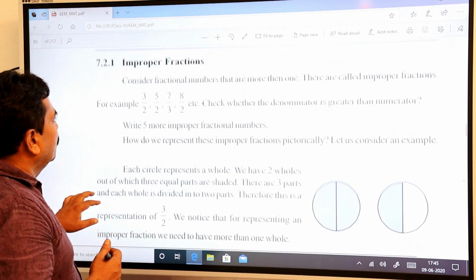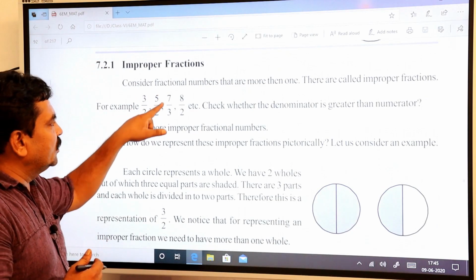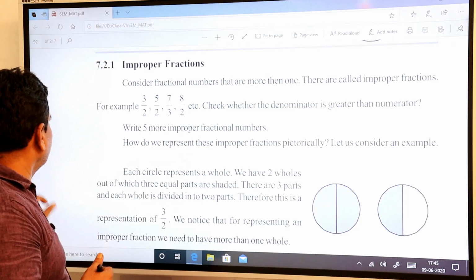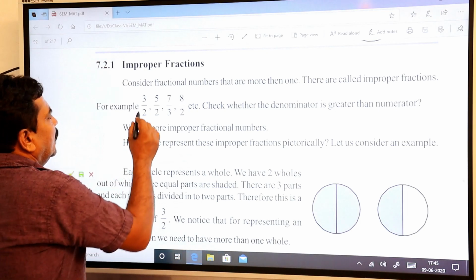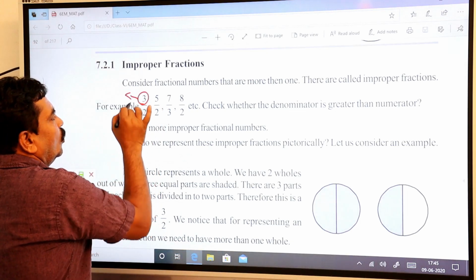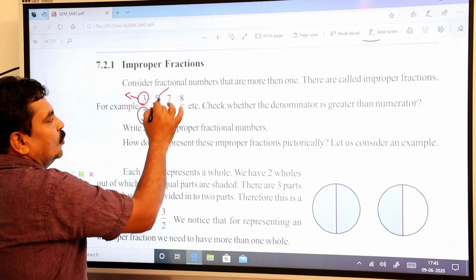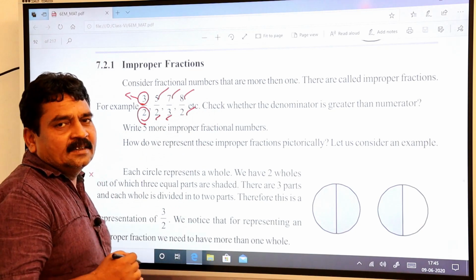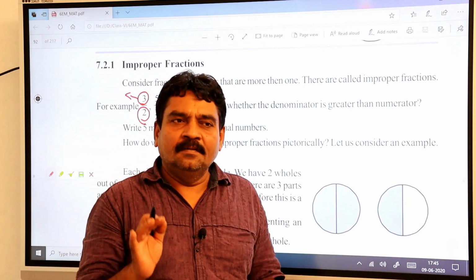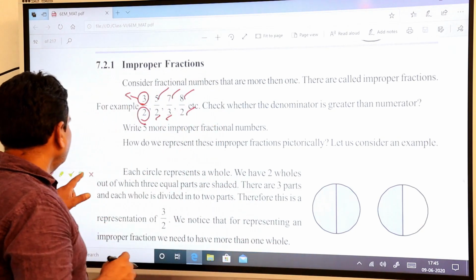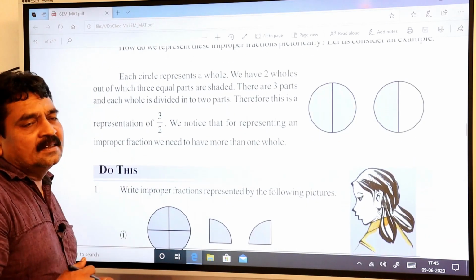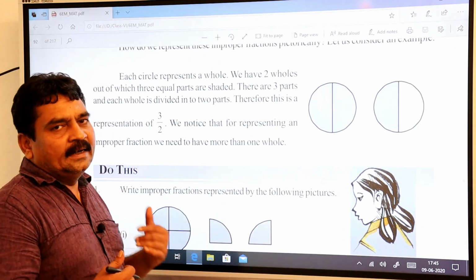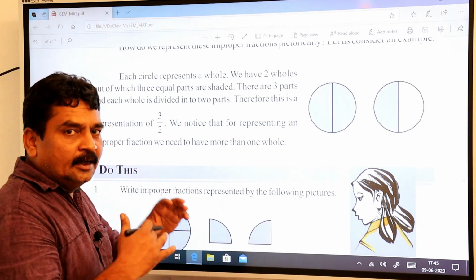Examples given here: 3 by 2, 5 by 2, 7 by 3, 8 by 2. In all these fractions, 3 is more than 2, 5 is more than 2, 7 is more than 3, 8 is more than 2. Such fractions you call improper fractions. Improper fractions can be converted to mixed fractions by dividing the numerator by the denominator.